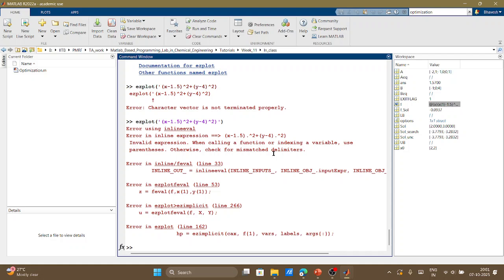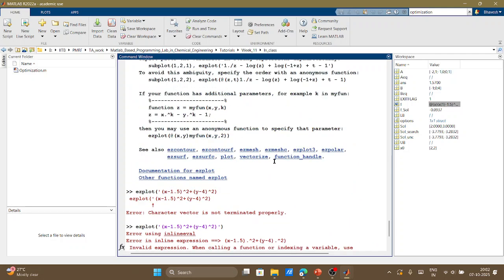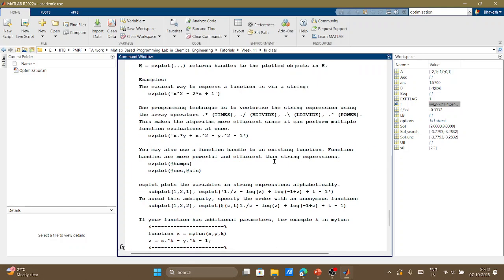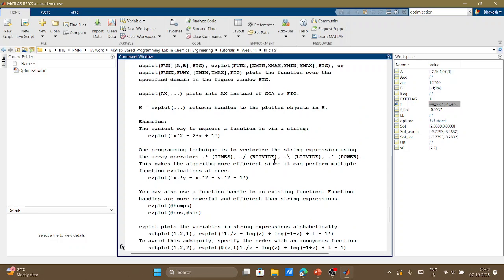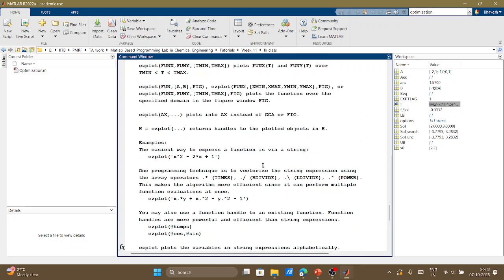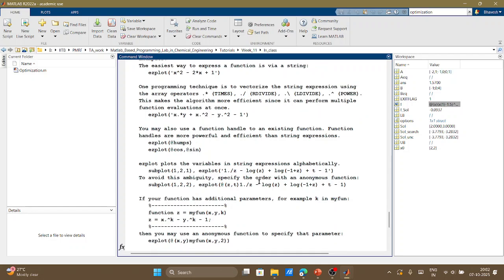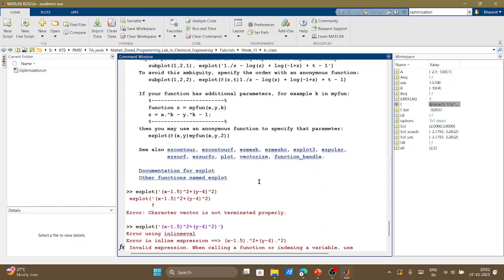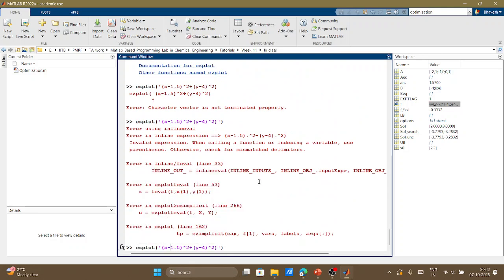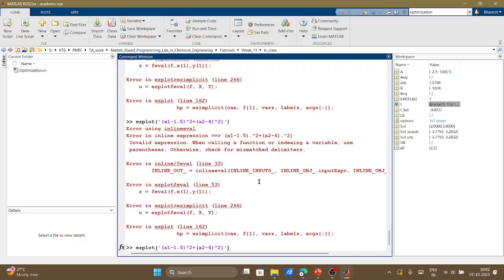Error in inline expression. What happened? Function x by k, x1, x2.